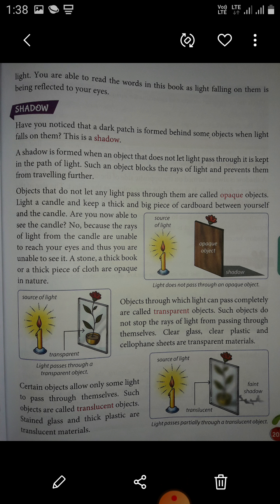Transparent objects allow light to pass through them. Materials like air, water, and clear glass are transparent. For example, glass is transparent to all visible light.